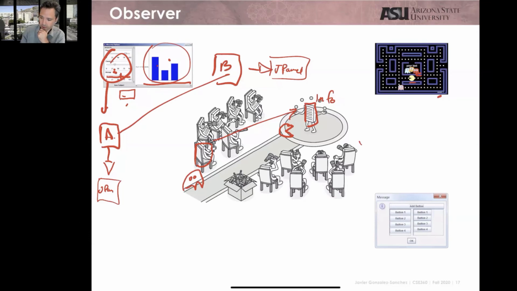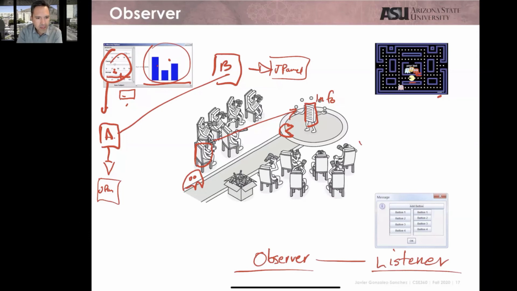Observer. I am sure that you have worked with listeners in Java. Listeners in Java. Let me be clear. Every single time that you implement a listener in Java, you are working with the observer pattern.